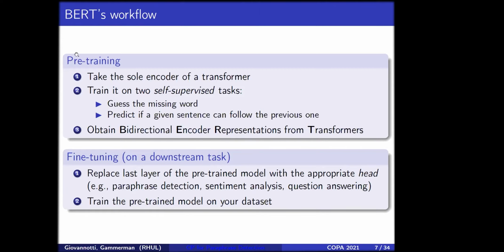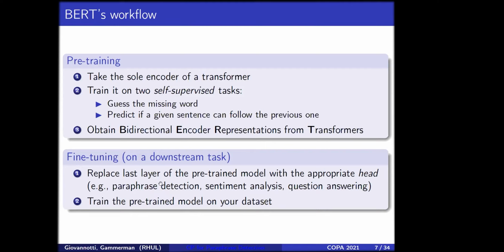And the nice thing about BERT, once you get this pre-trained model, is that you can use the pre-trained model against many other NLP tasks or downstream tasks. Traditionally in NLP, you would have to build a different pipeline depending on the task you wanted to solve.